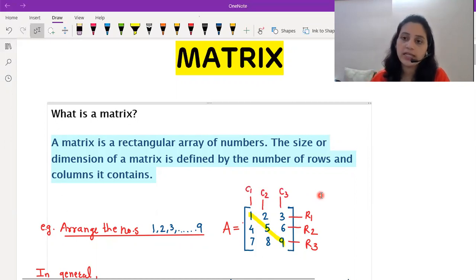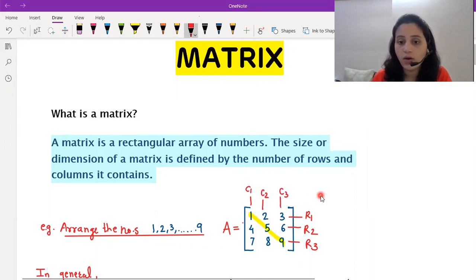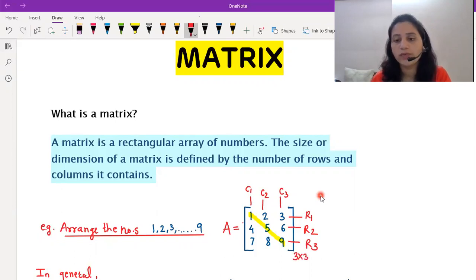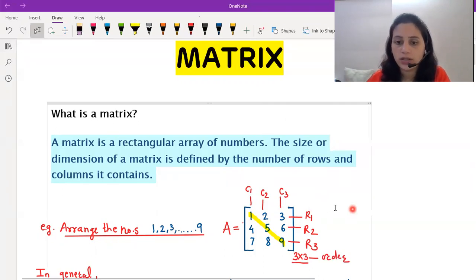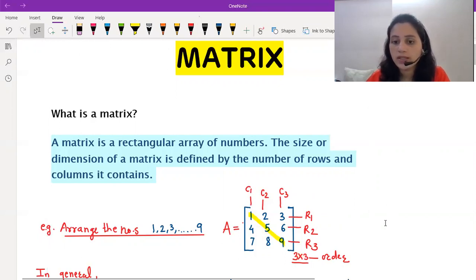Now how will we represent this order? Always write the order of the matrix at the right bottom of the matrix. So here I indicate 3 cross 3. This is nothing but the order, or you can say the size, of this matrix. Okay. So what is the size? The size is 3 by 3. So 3 by 3 is nothing but 3 rows and 3 columns.